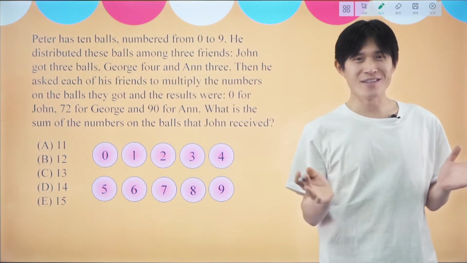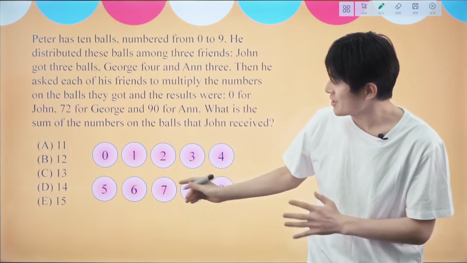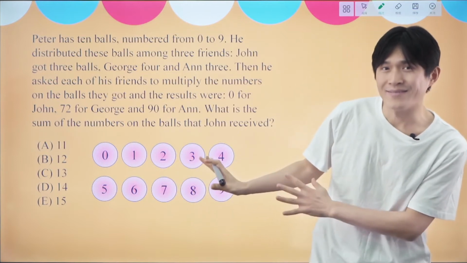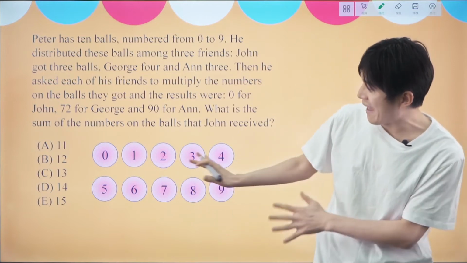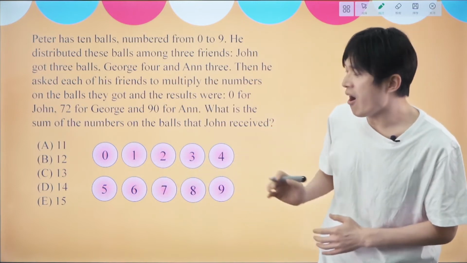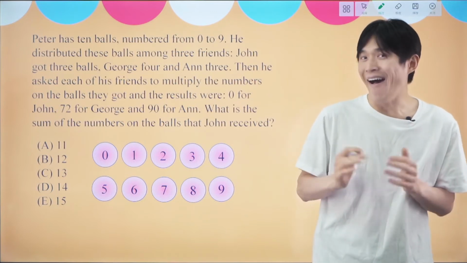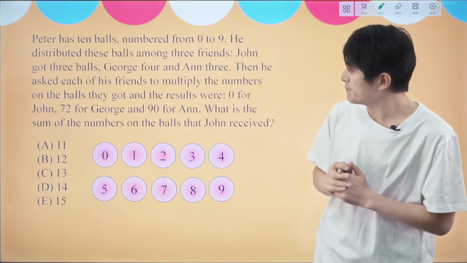How do you solve this problem? So first, you know that there are 10 numbers from 0 to 9. And John has 3, George has 4, and Anne has 3.